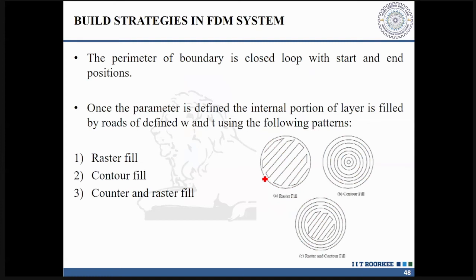You can fill that particular layer using a cross hatch pattern, which is called a raster fill. You can fill it in concentric circles, which is called a contour fill. You can also fill it in the form of a raster plus a contour. The filling can be of different shapes. You can develop your own G codes to define the infill of that particular thing.